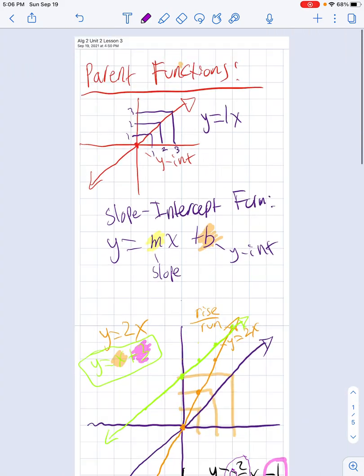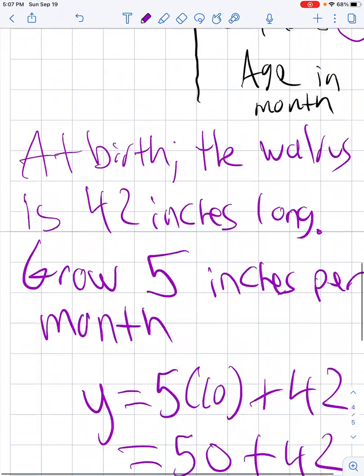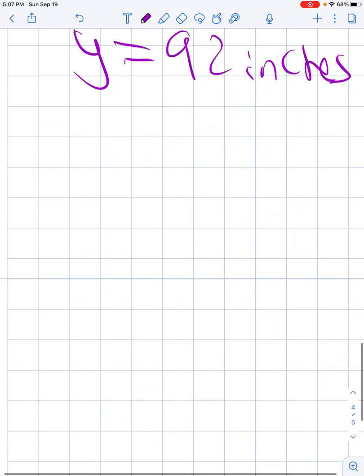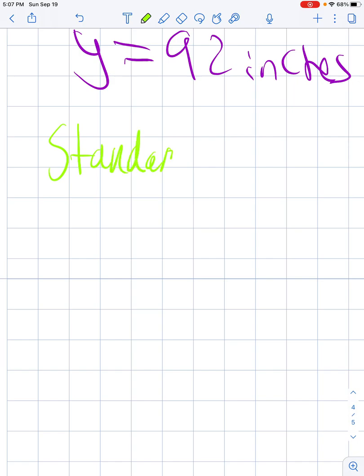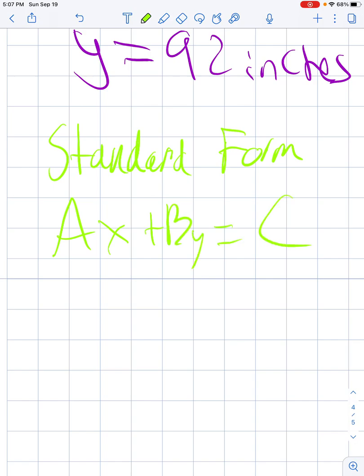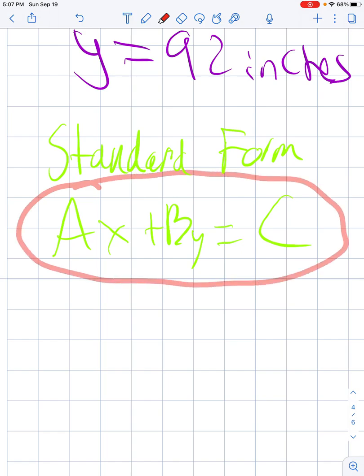So this is slope-intercept form. We just got done talking about slope-intercept form. We can also write equations in something called standard form. Standard form goes Ax plus By equals C. That's our generic form for standard form.